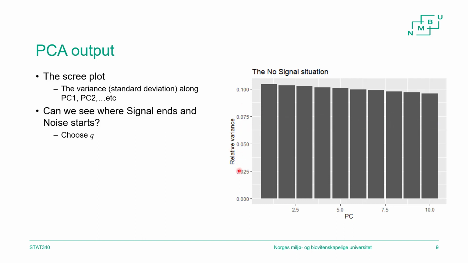Actually, the actual size over here is not important, right? It's the relative size. So when it looks like this, either you have signal in all dimensions, which is hardly the case, or you have signal in no dimensions, which is more likely. This is only noise, right? And this doesn't happen very often either, unless you have some really rotten data, I would say.